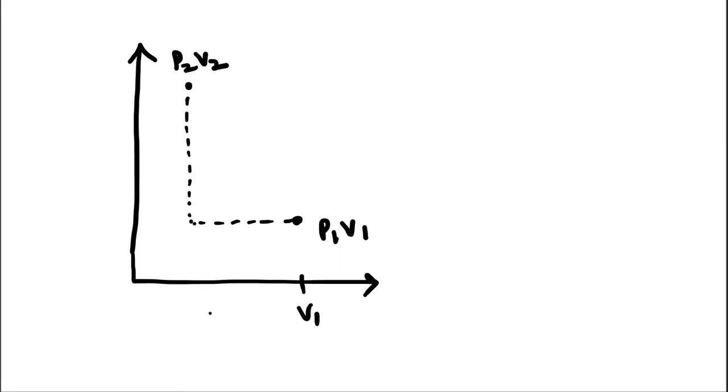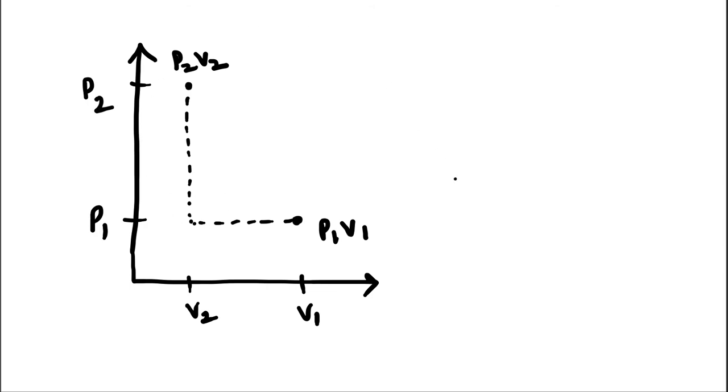Okay, let's take a process which is a cyclic process. We have the initial state here, that is P1 V1, and the final state here, P2 V2, and we follow the initial path as it is, that is path 1. This is V1, V2, this is P1, P2.